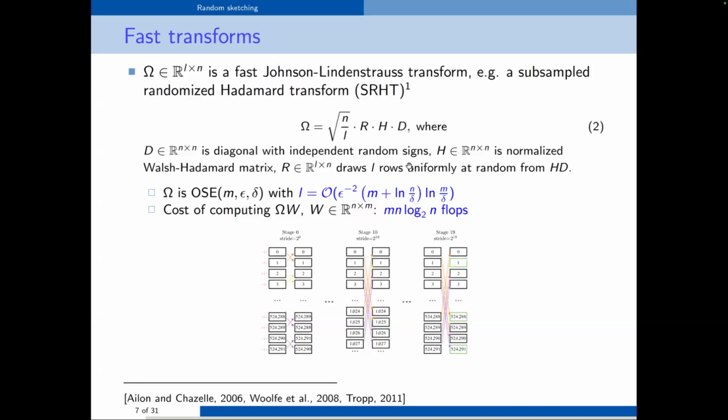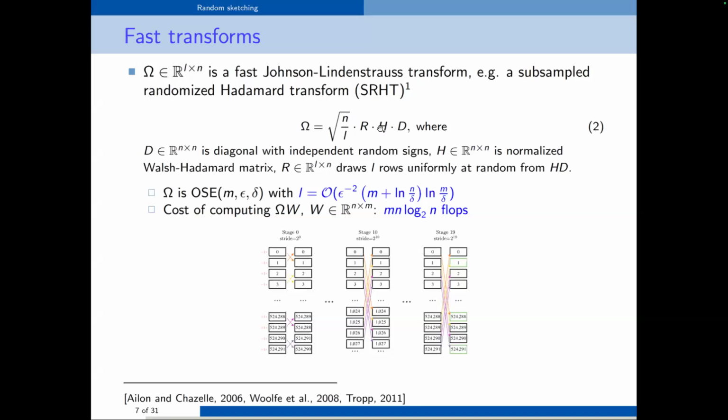And a different kind of random matrix belongs to a class which is called fast transforms. So one such example is a subsample randomized Hadamard transform, which has this form here. So if we apply this matrix to a vector, first we apply a diagonal matrix which changes randomly the signs. Then we apply H, which is a normalized Walsh-Hadamard matrix, so it is a real analog with the fast Fourier transform.